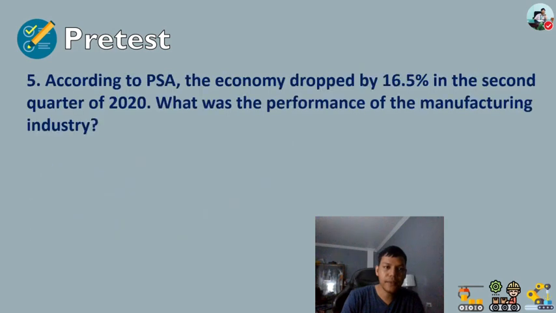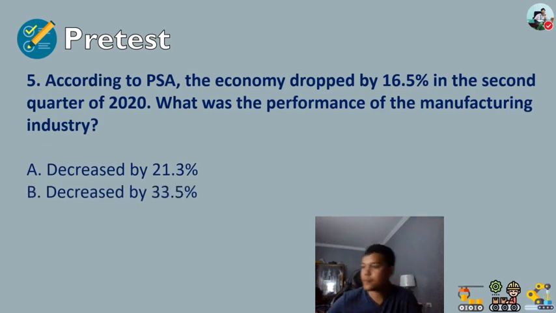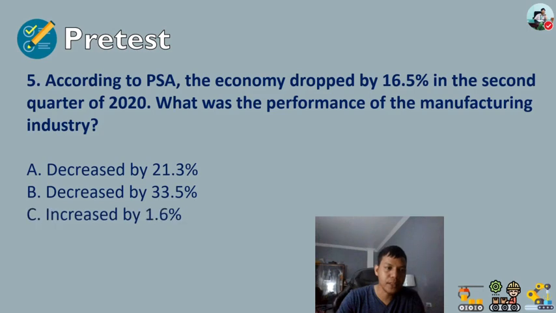Last, number 5. According to PSA, the economy dropped by 16.5% in the second quarter of 2020. So what was the performance of the manufacturing industry? Letter A decreased by 21.3%. Letter B decreased by 33.5%. Or letter C increased by 1.6%. Or letter D increased by 26.5%.